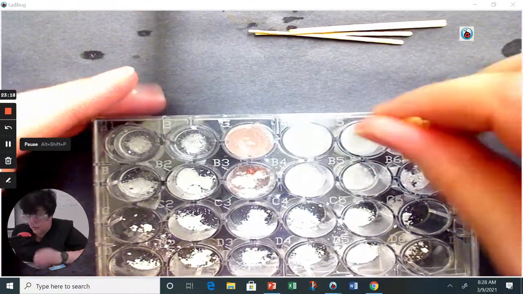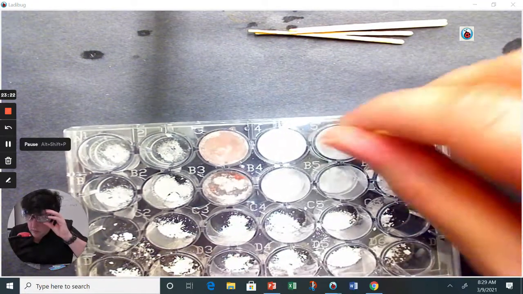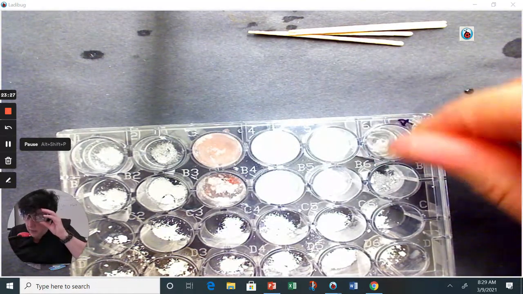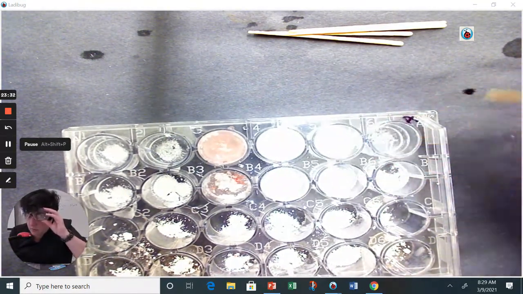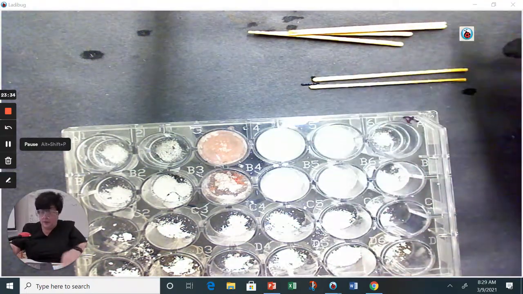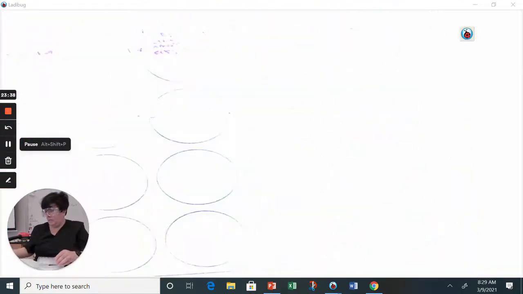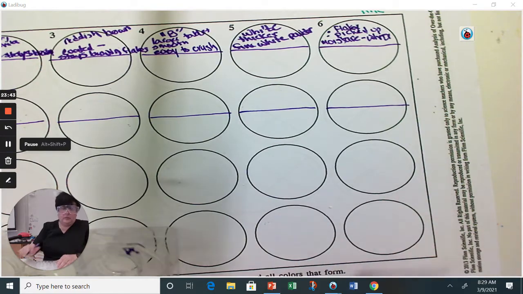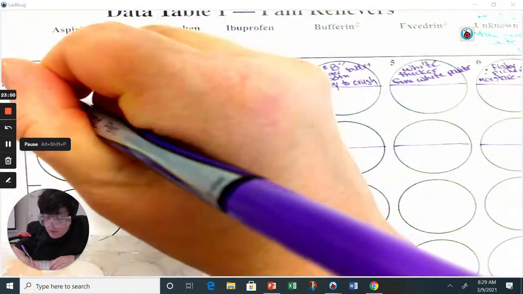The excedrin also is slightly soluble. It starts to get cloudy. And unknown A. Ooh, no, it's not soluble. It's acting like the first two. Okay, so solubility. That's part B, the bottom of the wells. So for A, insoluble.